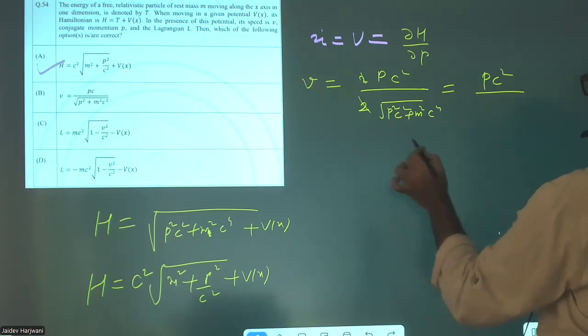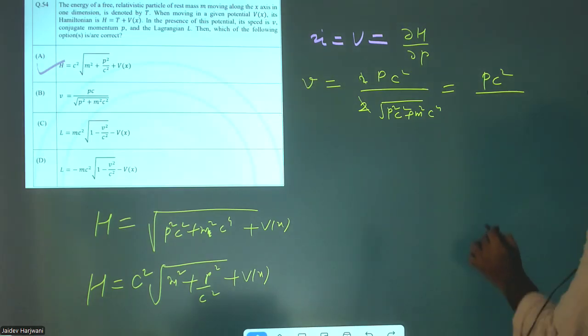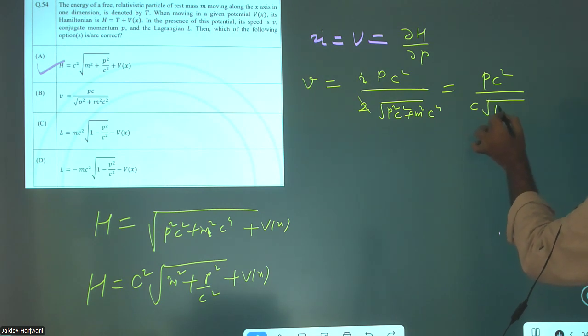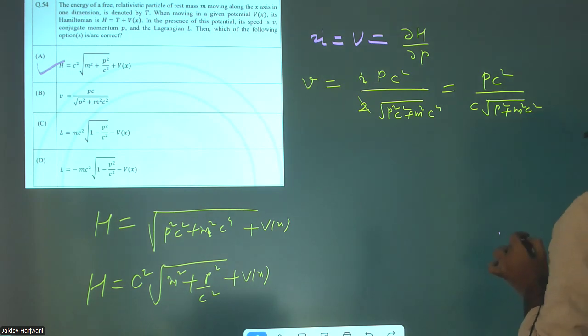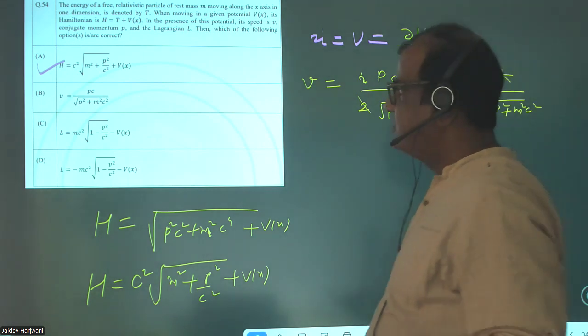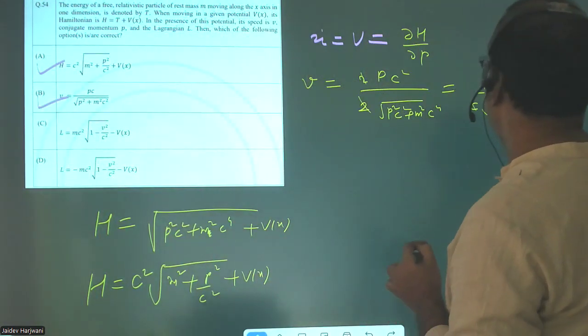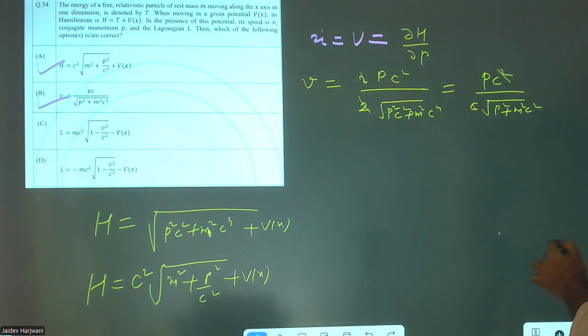If I take c square common from the root, c comes out and this will be p squared plus m squared c squared. So c cancels, and this is the expression for the velocity. So option B is also correct: pc upon root of p squared plus m squared c squared.